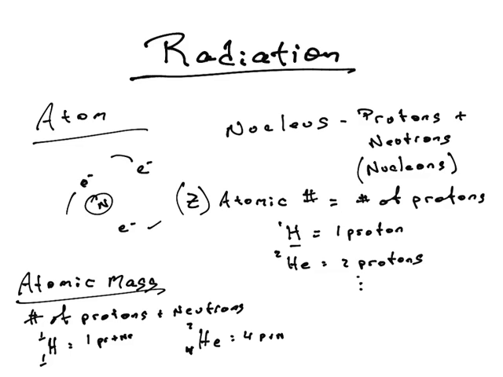Now, one more thing, which is slightly weird. We have the number of protons, and the number of protons and neutrons. What about the number of neutrons? That is called the isotope.